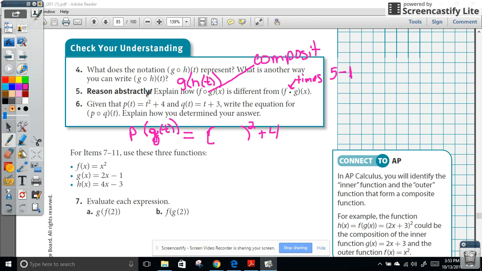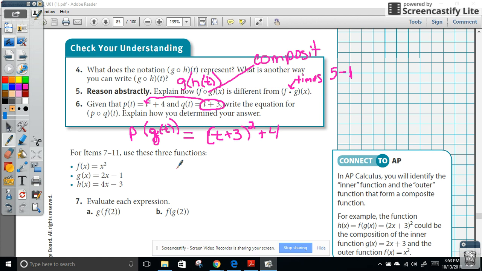So if we're plugging something into the P function, we've got to plug it in right there, right? Well, what they're telling me to plug into the P function is the Q function. So I'm going to take this right here, and it's going to go in this equation for T. So what are we going to put there? Not T, but the Q function, which is T plus 3.